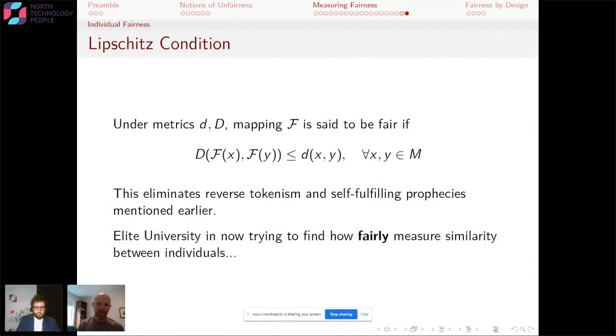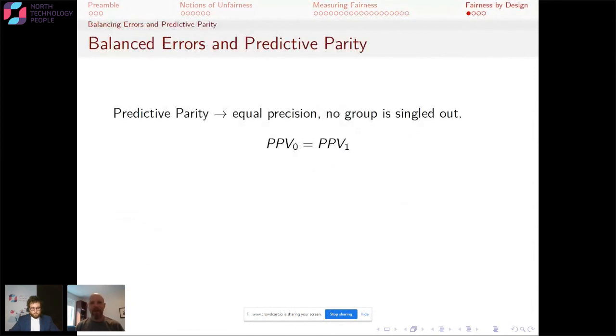So you actually need to impose this along with the group fairness requirements. And of course, the challenge with this is now figuring out just exactly how to fairly measure that similarity between individuals, which might not be so straightforward.